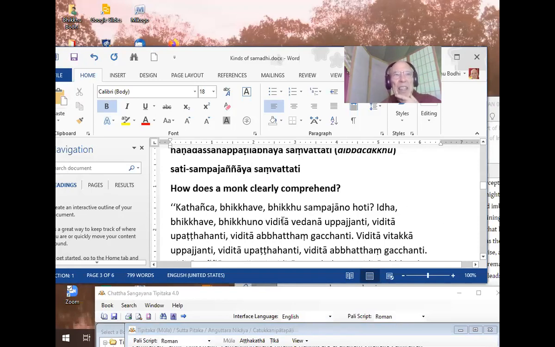So literally, it's saying that for a monk, feelings are known, vidita, as they arise, upajanti. They are known, again, vidita, as they remain present, upatahanti, as they are persisting. And then they are known, again, vidita, as they go to extinction, as they go to their vanishing.